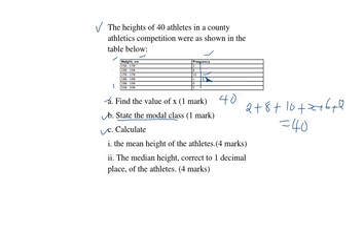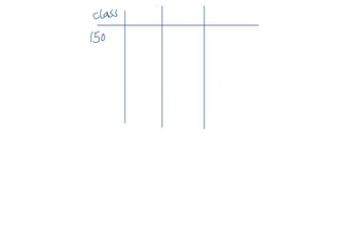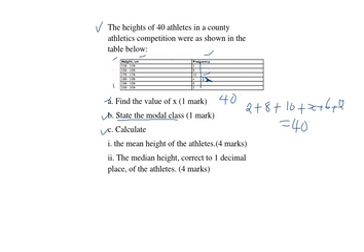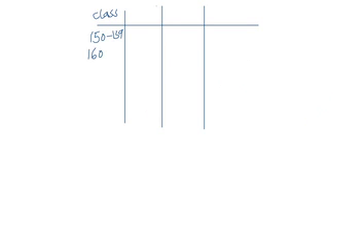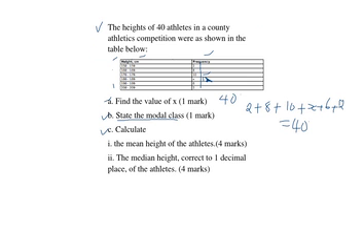So we have the class, which represents the height, and the first class which we have is from 150 to 159, then 160 to 169, and now with the trend we know that the next one will be 170 to 179.